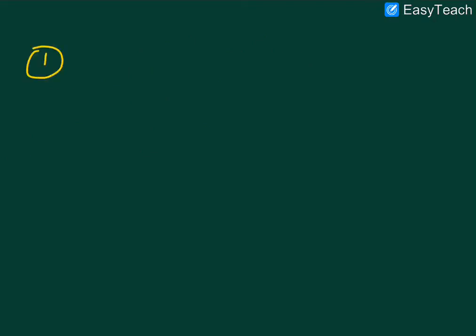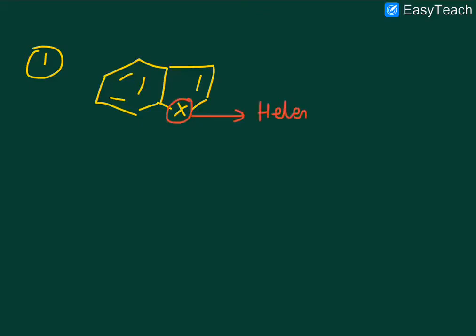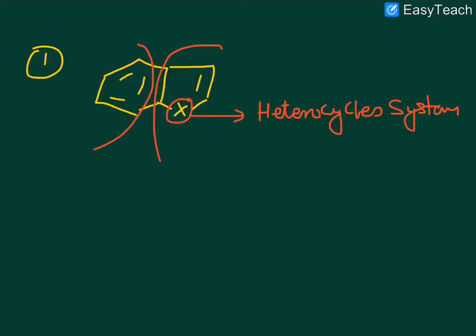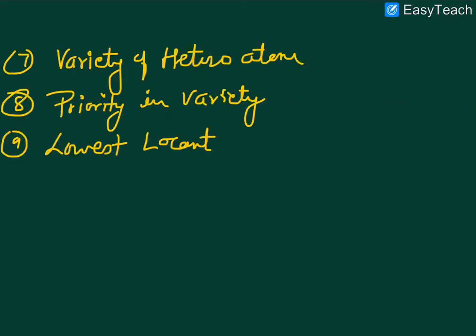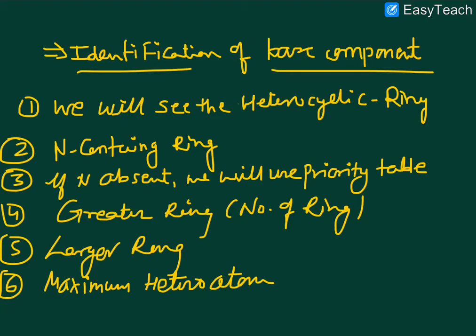First example. Suppose that is a heterocyclic system. This ring contains a heterocycle and this ring is a non-heterocyclic ring. According to the priority table, the first point is that we see the heterocyclic system.